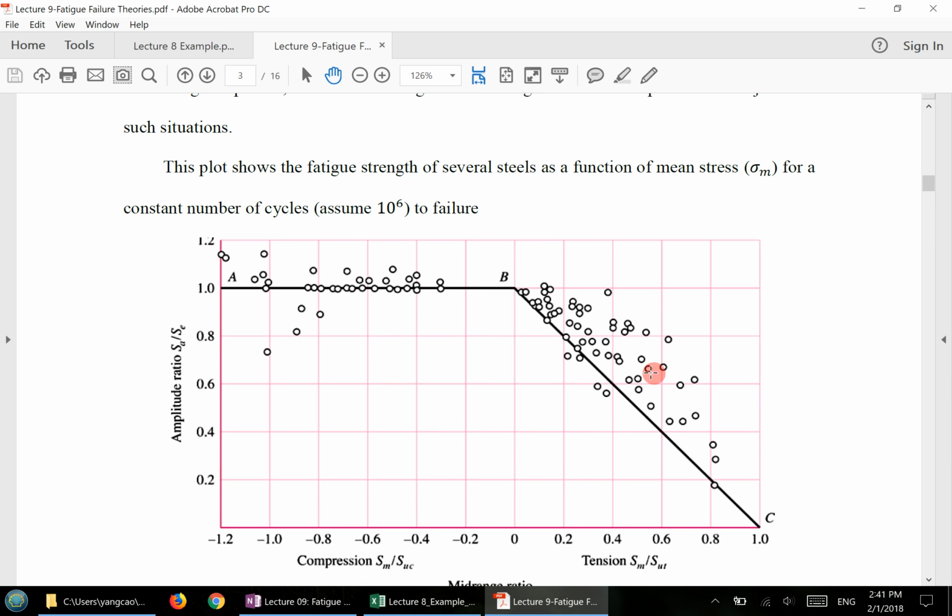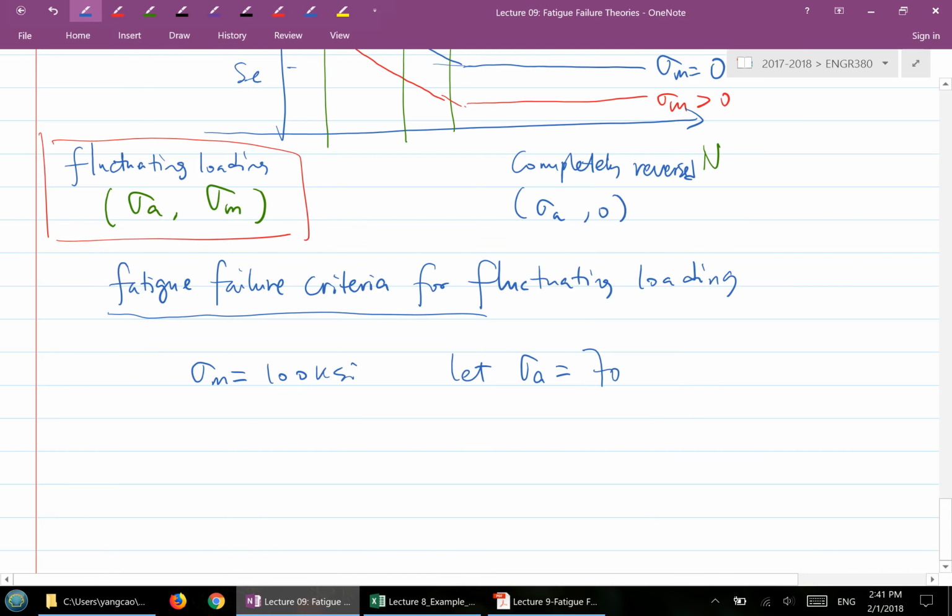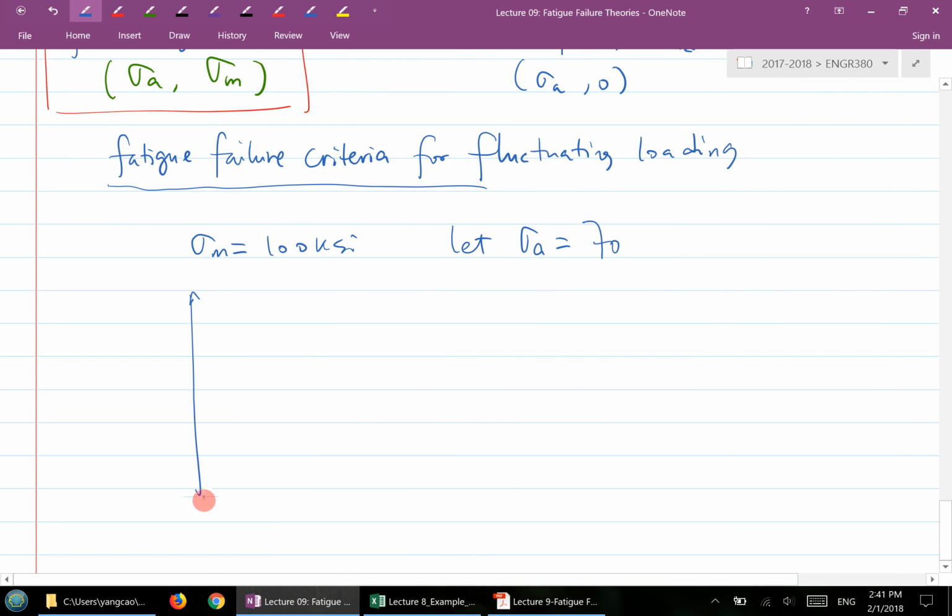So each dot corresponds to a 10 to the power 6 critical boundary failure. You have a whole bunch of dots corresponding to a whole bunch of combinations of sigma A and sigma m. Is that good? This is essentially the idea here. These dots correspond to a certain pair of sigma A and sigma m values.